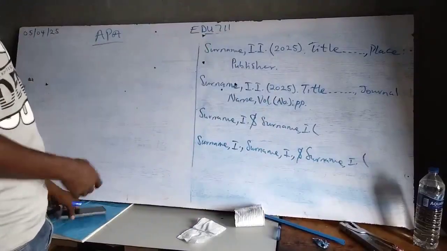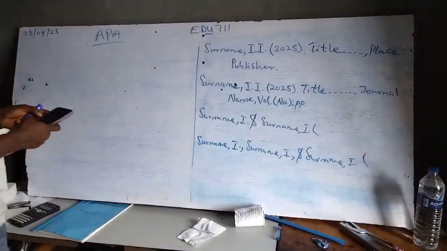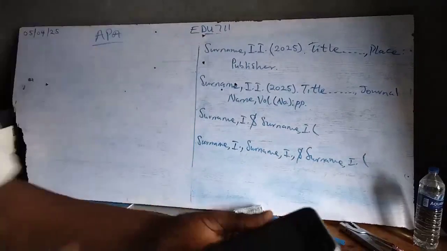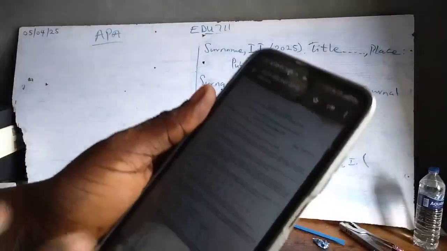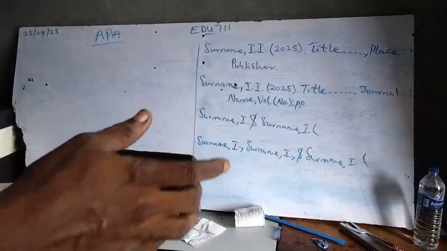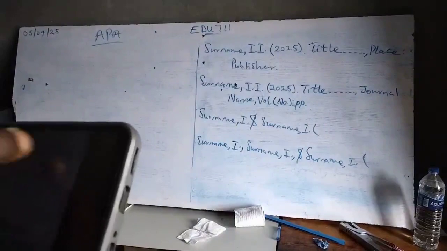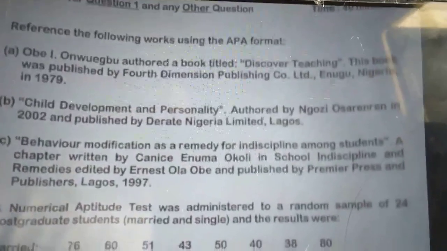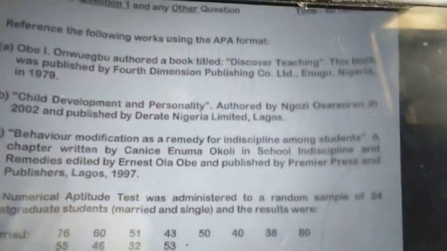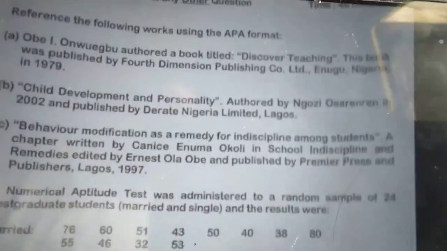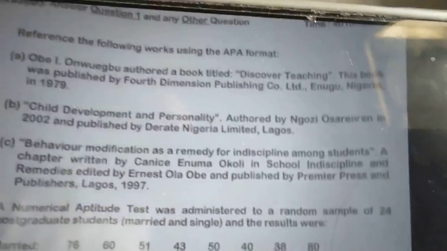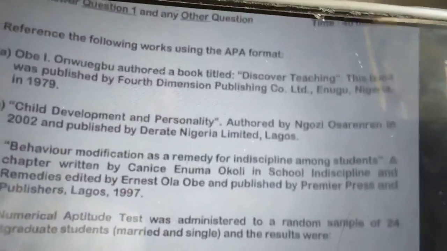So applying this, let's see the questions we are to answer. This is the first question. Obe I Onwegbu authored a book titled, this book was published in 1979.